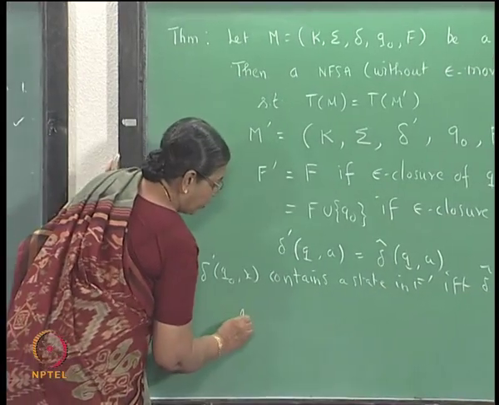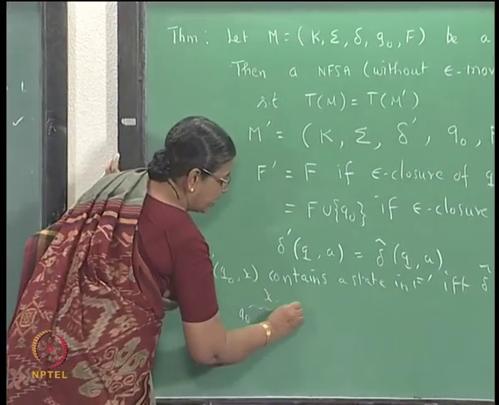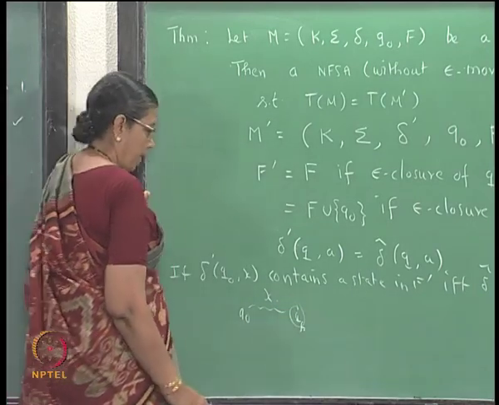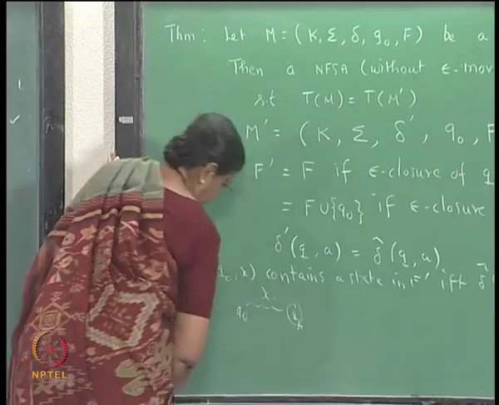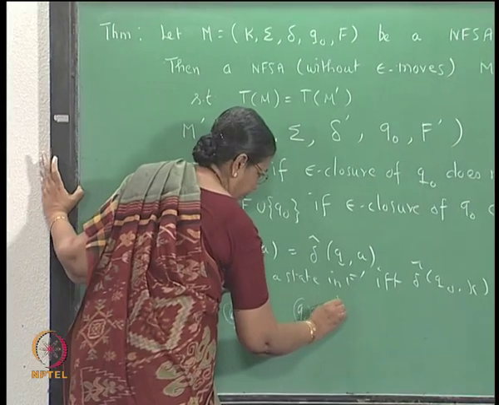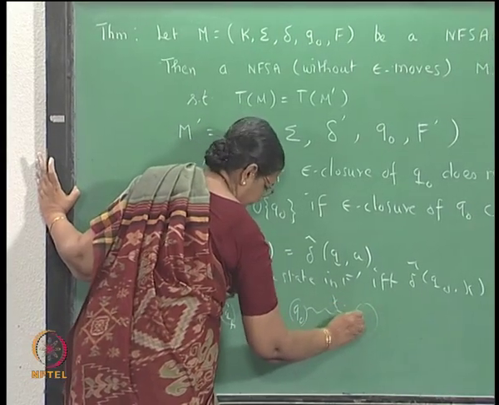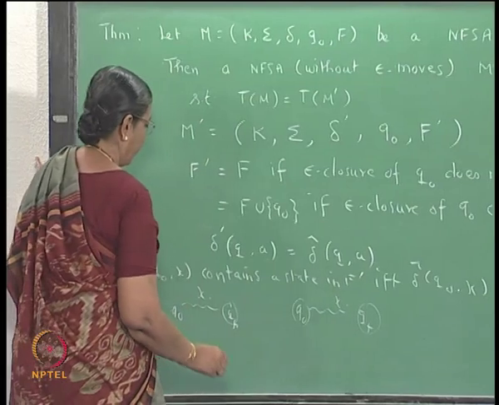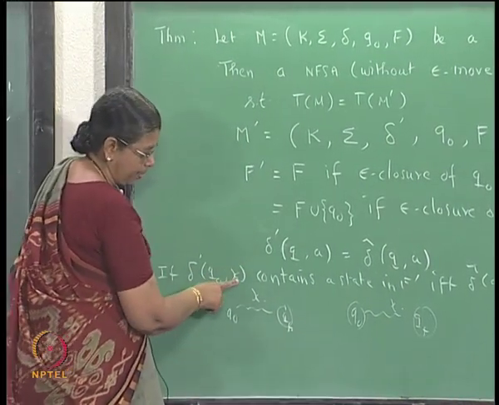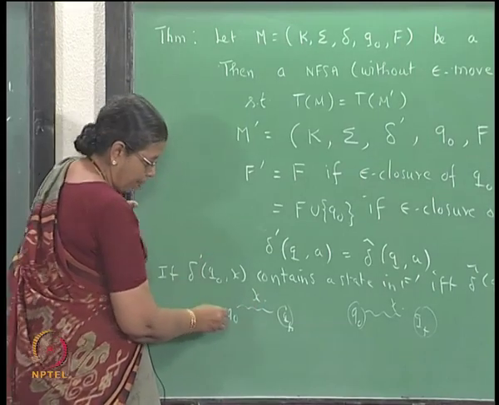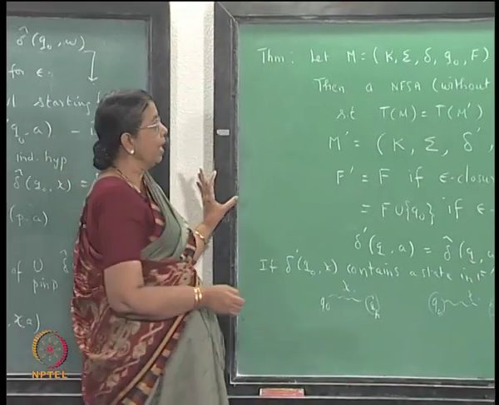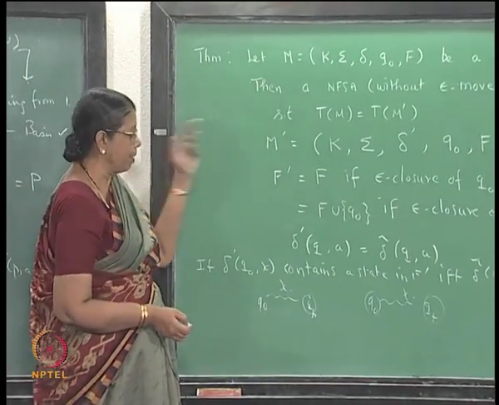Now, starting from q naught, after reading x, you are in a state qF, say here. The same thing will happen starting from q naught, after reading x, you will be in the same state qF. This is for any other string, but if x is epsilon, purposefully you are making the initial state a final state if epsilon has to be accepted.